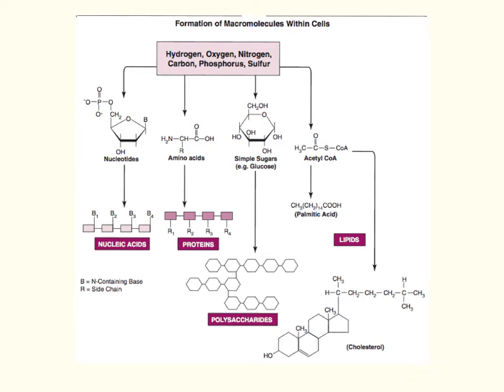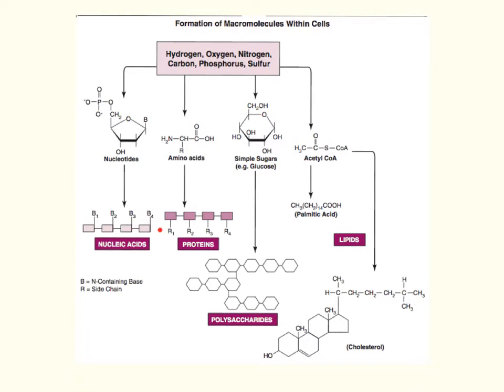So how do we distinguish the three monomers? Well, this is a monosaccharide. That's the easiest one to remember because mono means it's one of the many in a chain. Amino acids are just called amino acids. They're the monomer of proteins. The monomer of polysaccharides are monosaccharides.